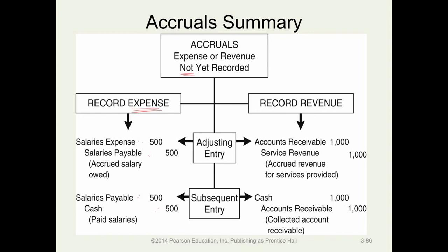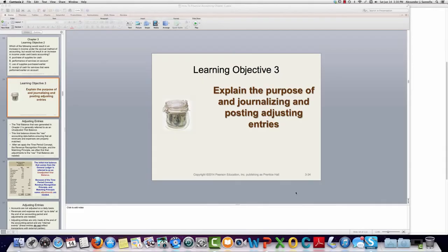In our example, and I'll explain this a little bit more, unearned revenues, we already did this. You provided service. You debit accounts receivable, credit service revenue in the period performed. But then when you collect it, you debit cash and credit the receivable. Notice there's no expense when cash goes out, and there's no revenue when cash goes in.